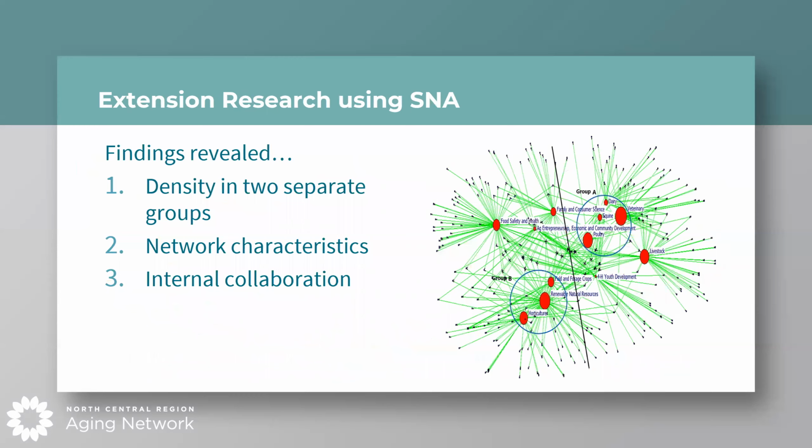Of course, their extension network is widely distributed and has a lot of extension reach in the community. But also this network comprised two clusters, A and B, as you can see.